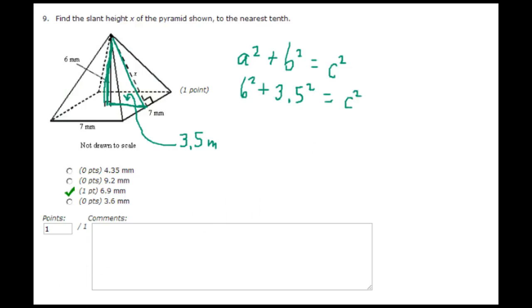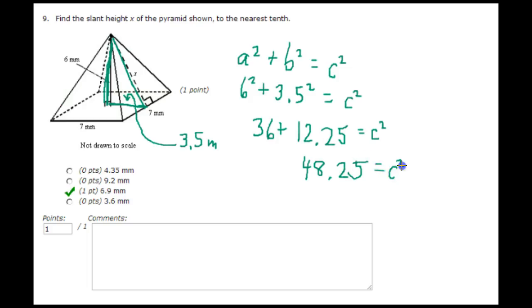Now if you calculate this out, you're going to end up with 36 plus 3.5 squared, which gives us 12.25. We add those two together, we end up with 48.25 is equal to c squared.